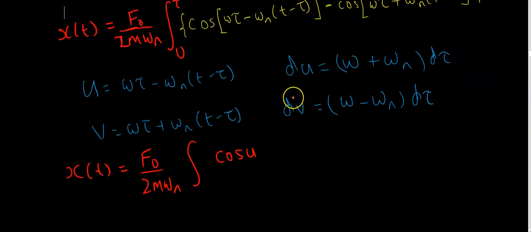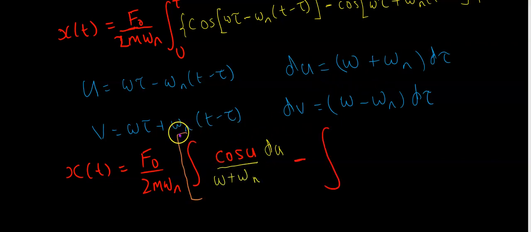So I change d tau to du divided by omega plus omega_n.